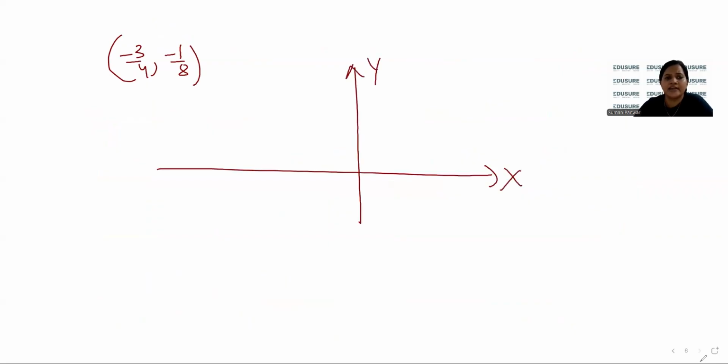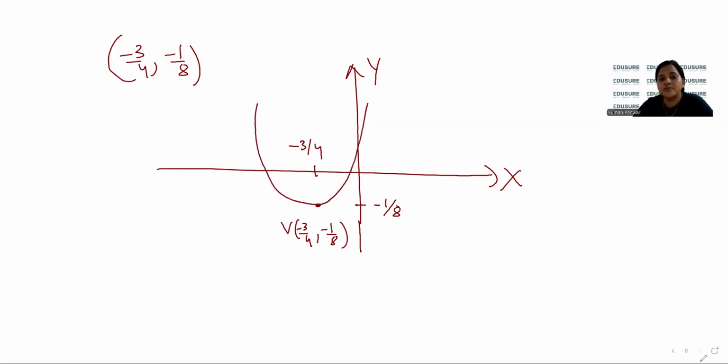This is the y-axis. So suppose we have minus 3 by 4 here and minus 1 by 8 somewhere over here. So this is going to be minus 3 by 4, minus 1 by 8. And just because we knew that it was an up opening parabola, we are going to go like this. Now this is a rough figure, okay?